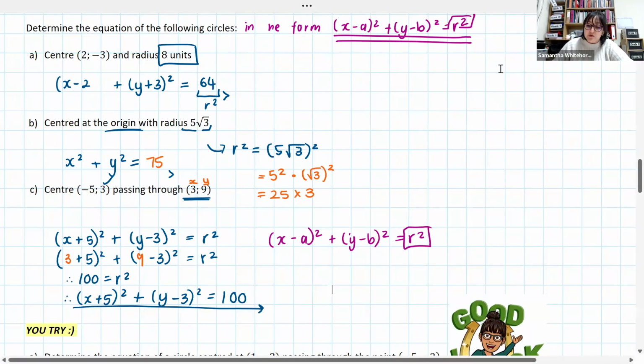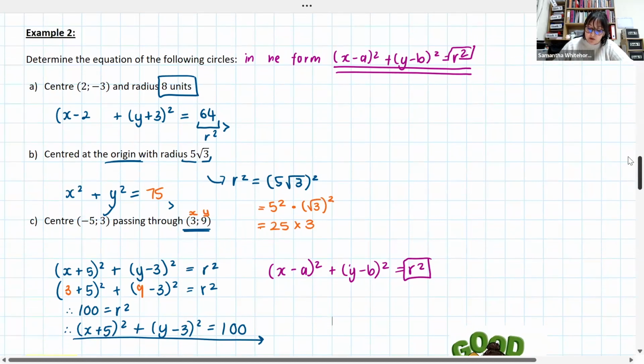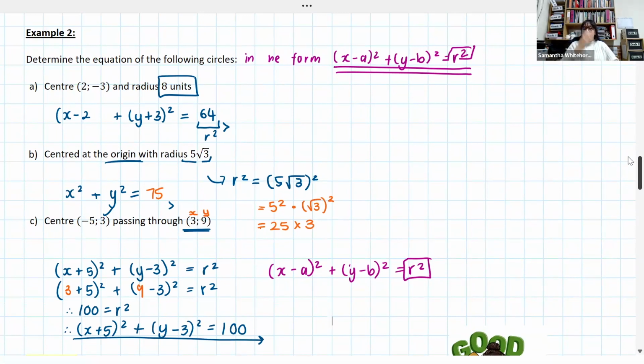So there is no need for you to work out r squared and then do all the work again by squaring it. You've already got what r squared is. That's all you need. So just remember, if you are given information about the center, but not about the radius, but you know a point that's on its circumference, just substitute in the point. You can go and find what r squared is.